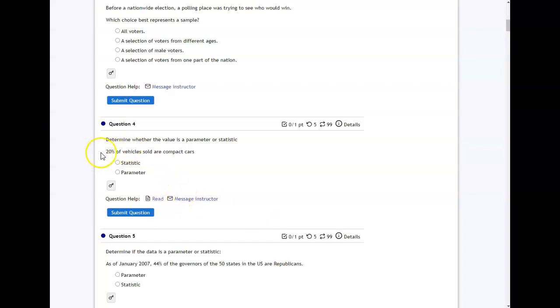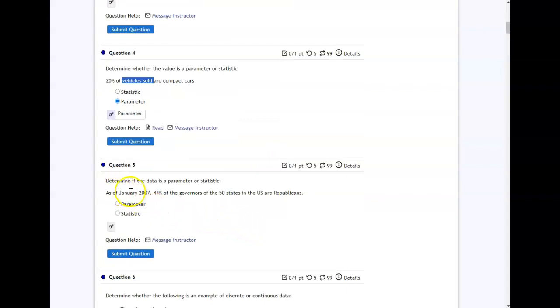So if I have 20% of vehicles sold are compact cars, that's going to be talking about 20% of all vehicles sold. So this would be a parameter. Here I've got, as of January 2007, 44% of the governors of the 50 states in the U.S. are Republicans.